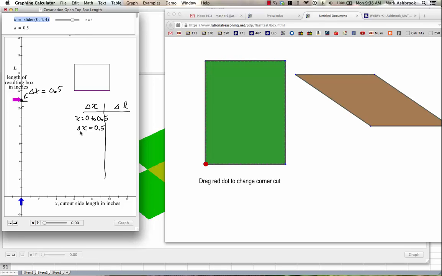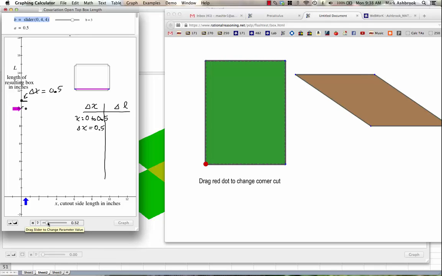Okay, I heard 1 and I heard -1. So let's do it. Here we go. Ready? I'm going to increase by 0.5. Almost. It's touchy. There we go. Okay, so I just increased by 0.5. How much did L change? -1, right?